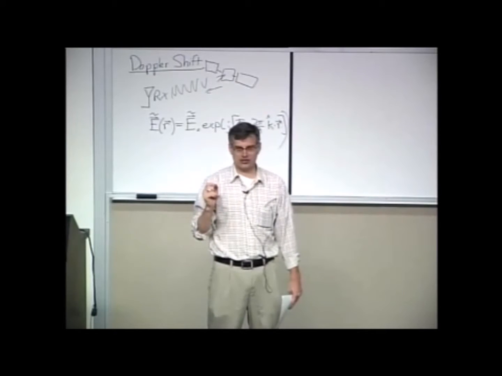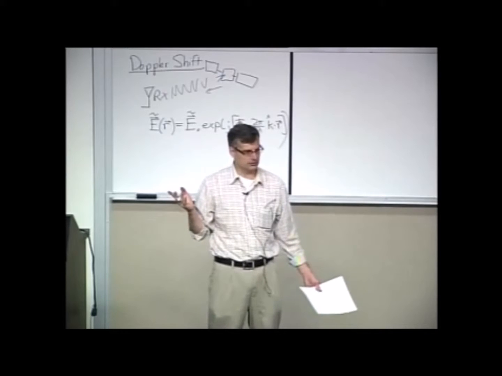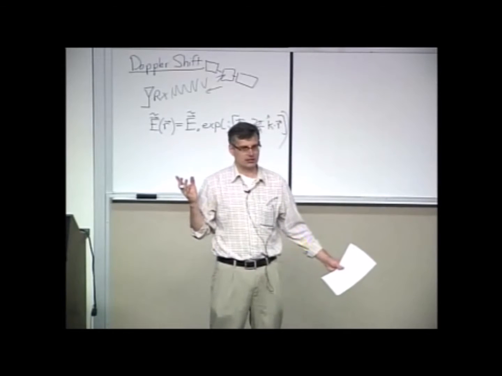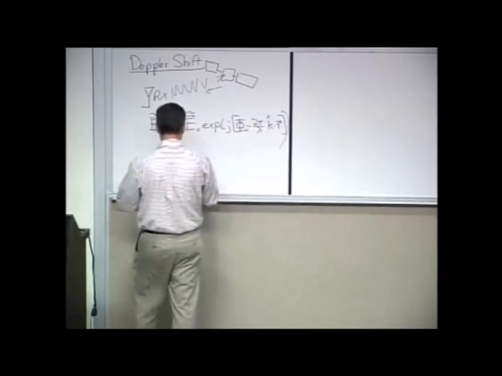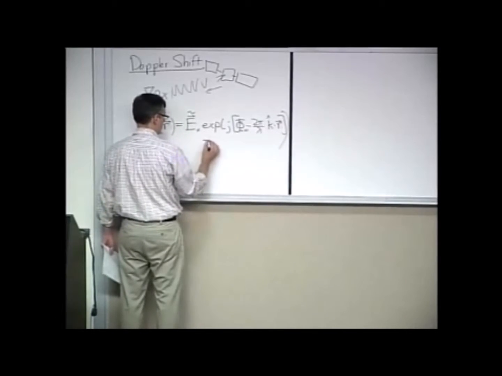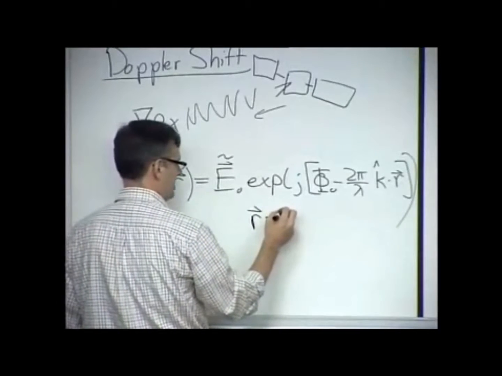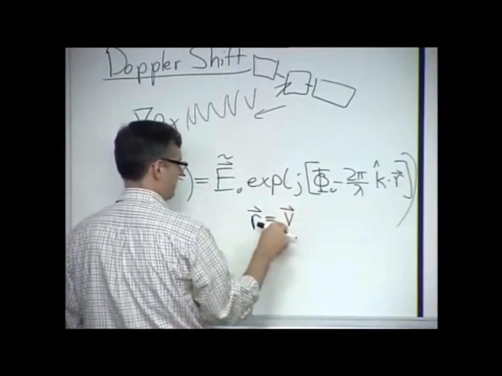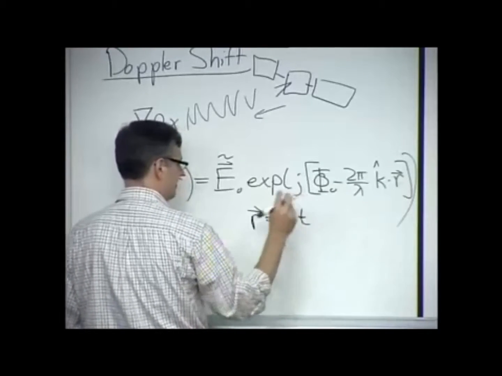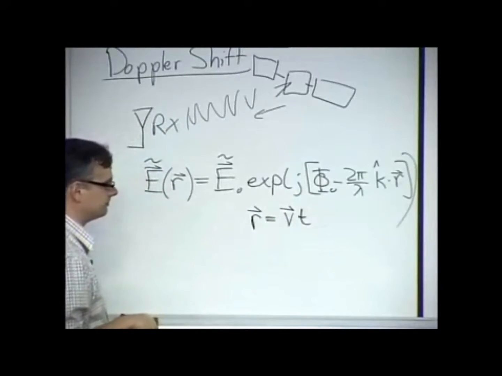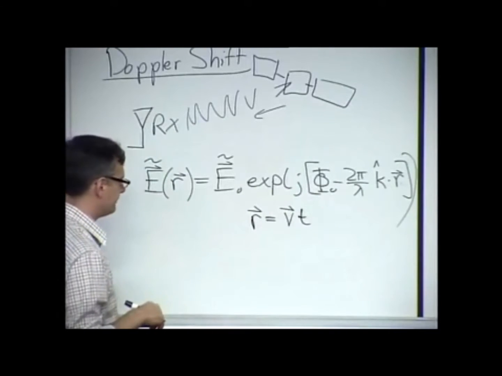Over a brief period of time, we can model this, regardless of how crazy you're driving, as simple linear motion. So what does that look like? Well, I have a vector r that's going to be my position, and that's going to be equal to some velocity vector, so I have a direction and an amplitude, the speed, times a scalar time. Something you learned in high school physics, probably.